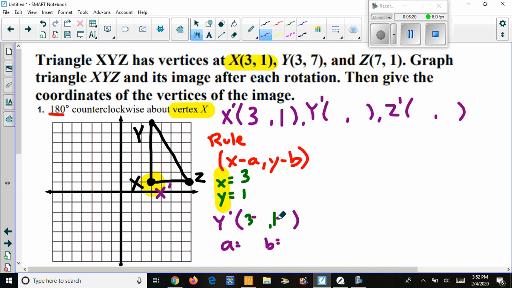For point Y, I have a vertical distance, my B, of 6. And then as for my horizontal, my left to right, that is 0. And I can plug those in. Becomes 3 minus 0 and 1 minus 6. 3 minus 0 is 3. 1 minus 6 is negative 5. And now I can graph the point Y prime.